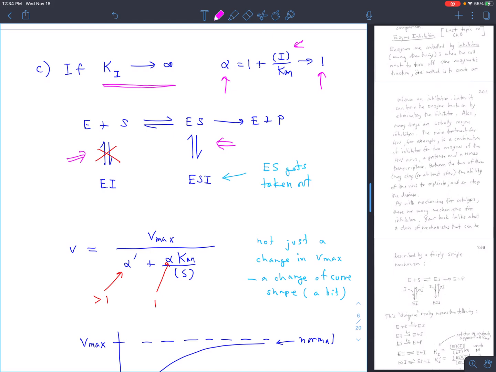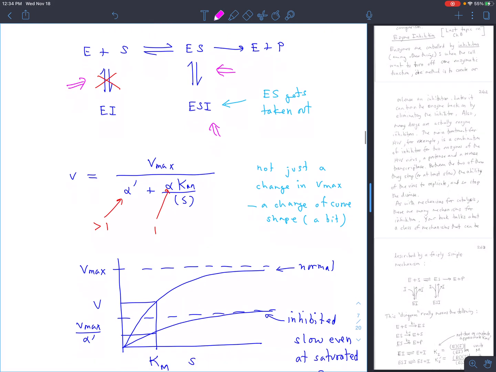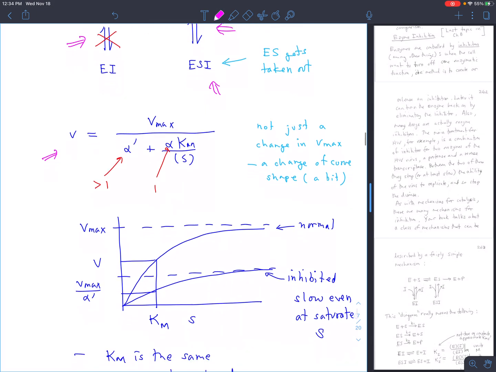There are a few enzymes like this, I'm told. I've never seen one, but I'm not an enzymologist, so my experience isn't that broad. So this is, I think, an unusual case, but it does exist. And looking at the normal Michaelis-Menten rate law, we get that this quantity is now bigger than 1.